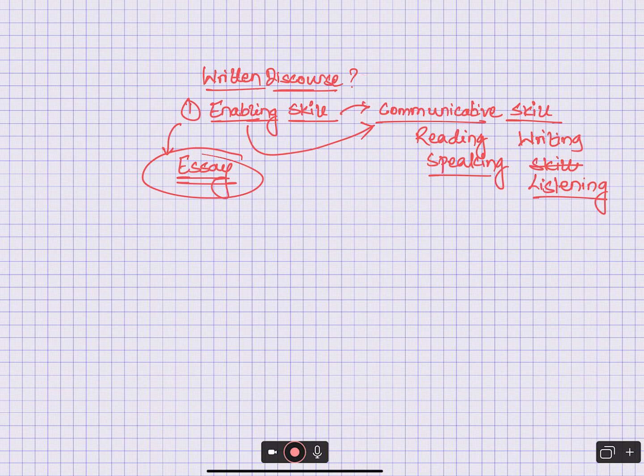Or in other words, if your written discourse is weak, most likely you'll score less in essay writing, and if your written discourse is strong, you'll score more in essay writing. What that means is, by improving your written discourse score, you can increase your essay writing score, and by doing that you can increase your writing score.